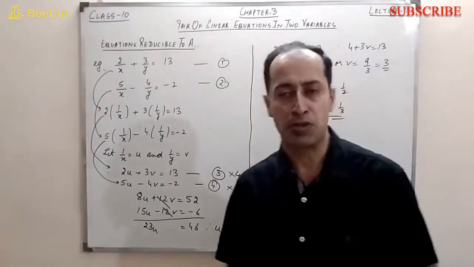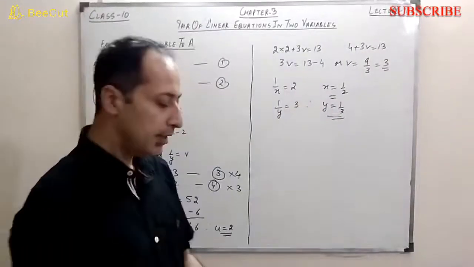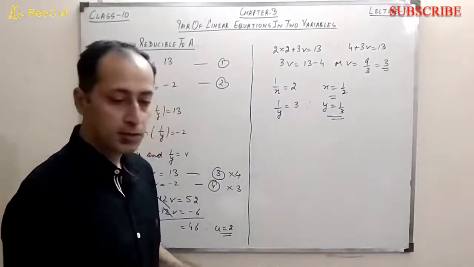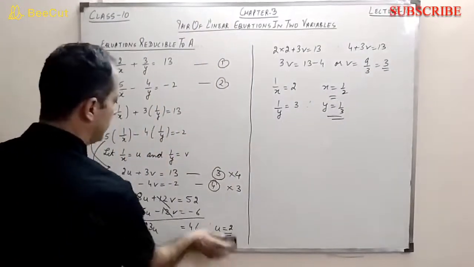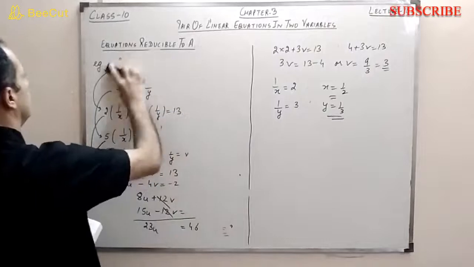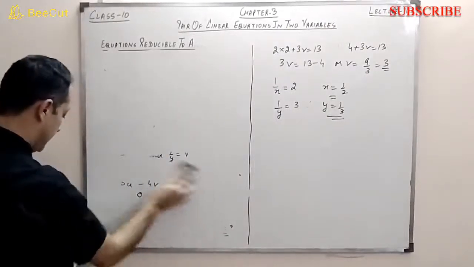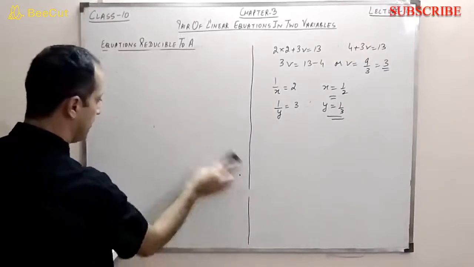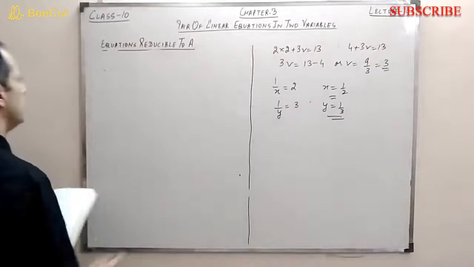Let's take some of the questions from the exercise 3.6. So if we take the questions from 3.6, let's take the second part of the first question. Now the second part of the first question is given as 2 by root x plus 3 upon root y equals to 2.